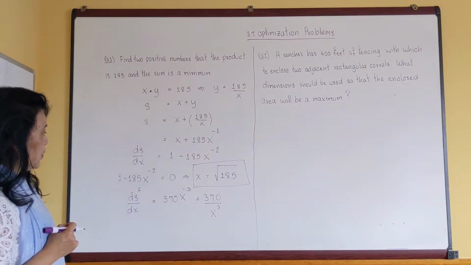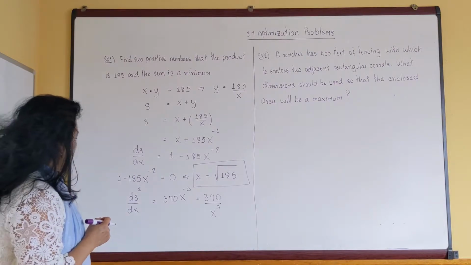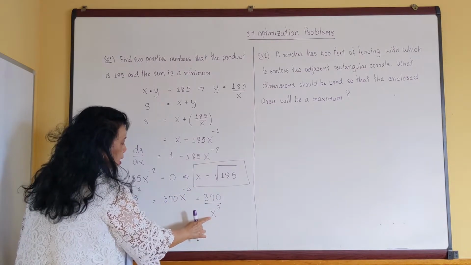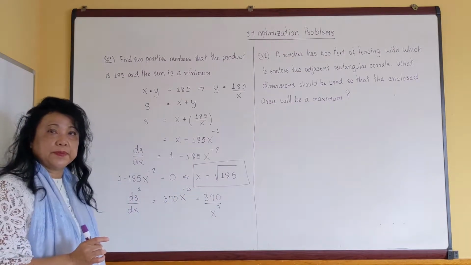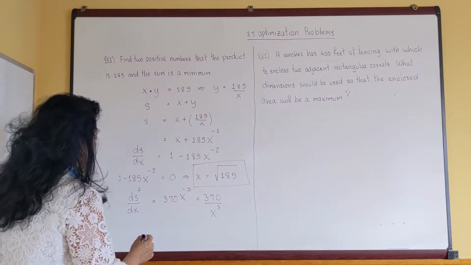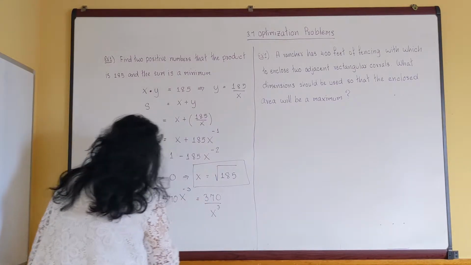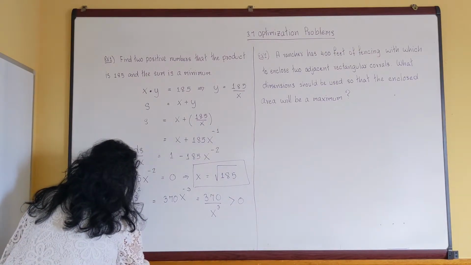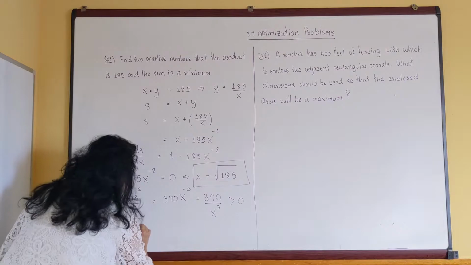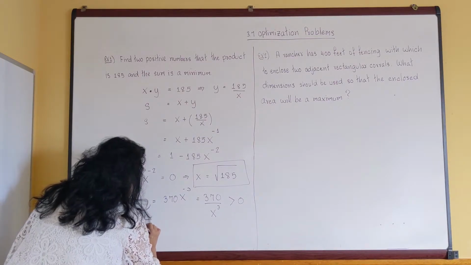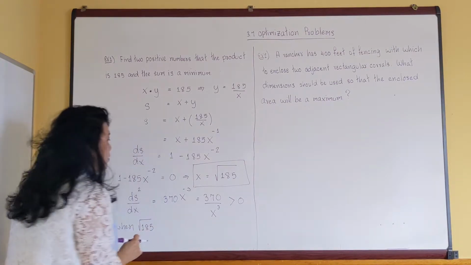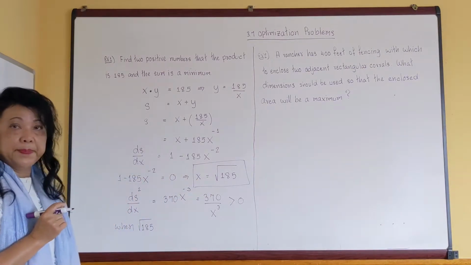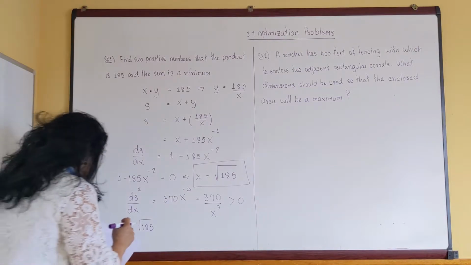Because we run out of room, if you plug in the square root of 185 in here, it's going to be positive. Because this is your critical number, it tells you that at this point it is a minimum because it's positive.